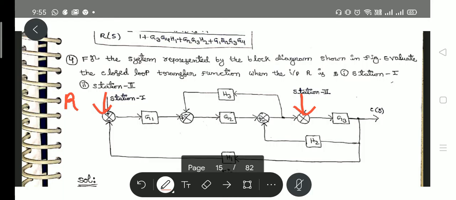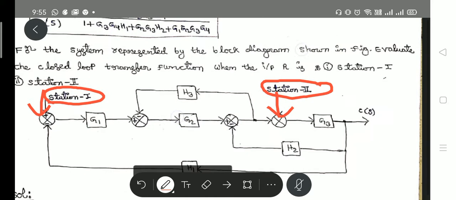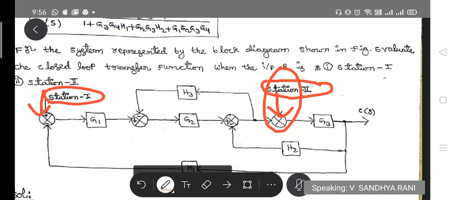I am considering C1, station 1. Okay, I am considering station 1 and eliminating station 2. So this summing point also we can eliminate here. This summing point also we can eliminate here. We cannot take station 2, so the summing point is also not required here.